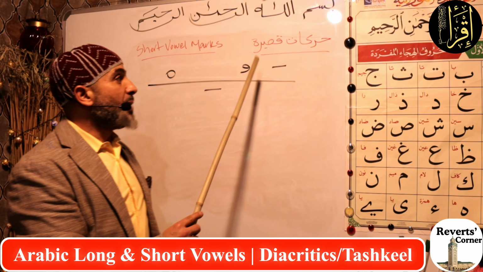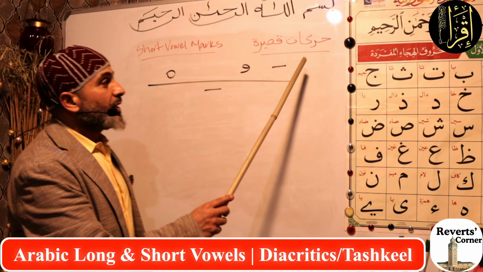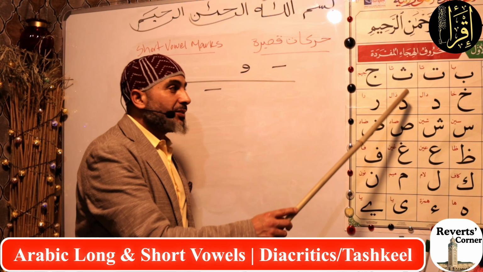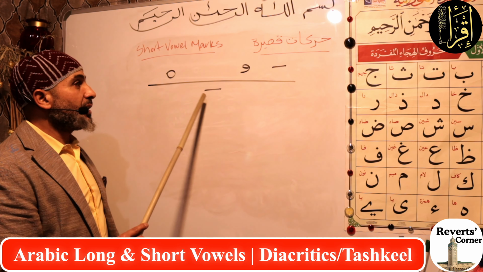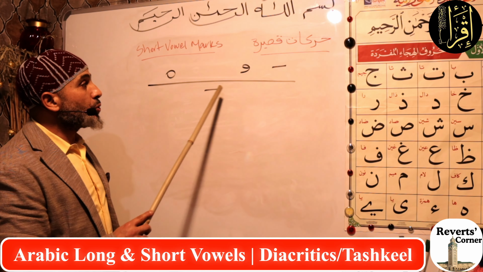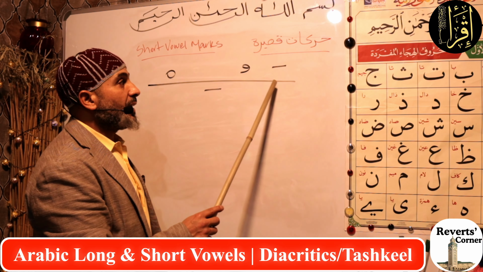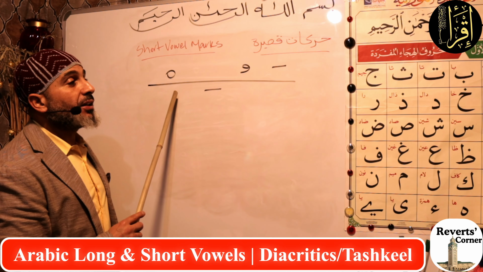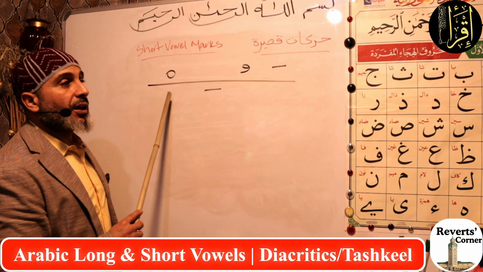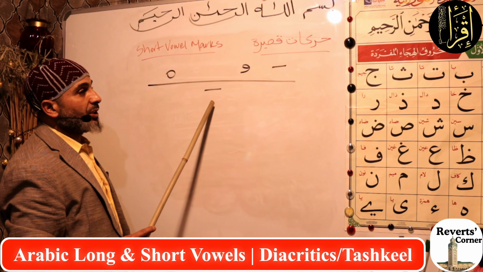Ba, ba, bu, bi, b. Ta, ta, tu, ti, t. Tha, tha, thu, thi, th. Jim, ja, ju, ji, j. Ha, ha, hu, hi, h. Kha, kha, khu, khi, kh. Dal, da, du, di, d.